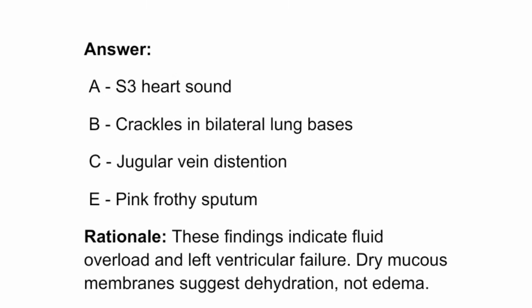Answer: A. S3 heart sound. B. Crackles in bilateral lung bases. C. Jugular vein distension. E. Pink frothy sputum. Rationale: These findings indicate fluid overload and left ventricular failure. Dry mucous membranes suggest dehydration, not edema.